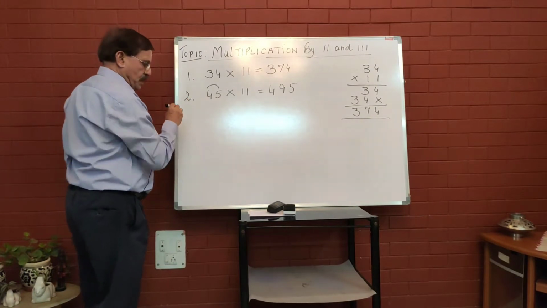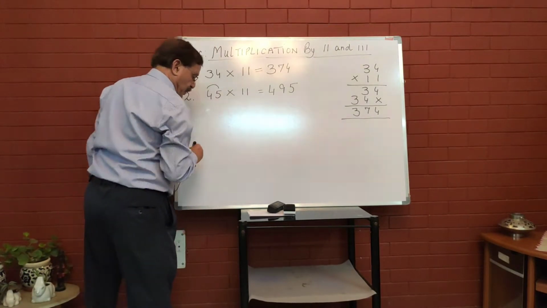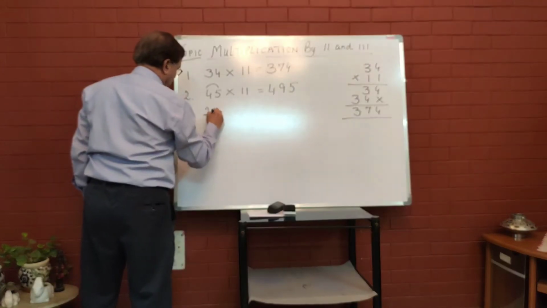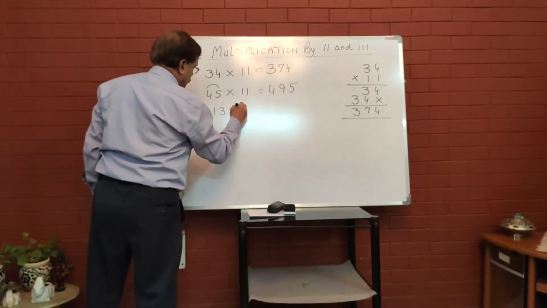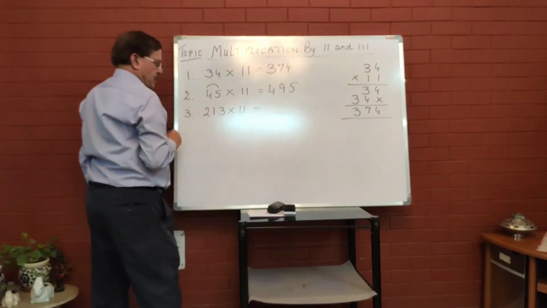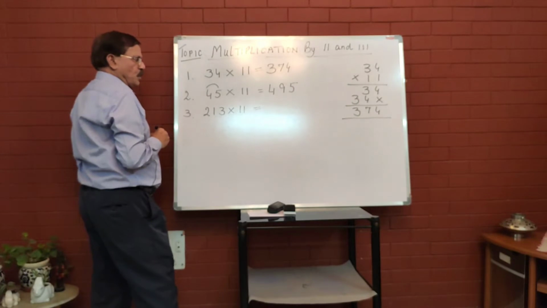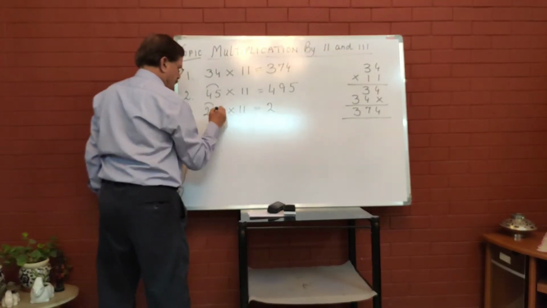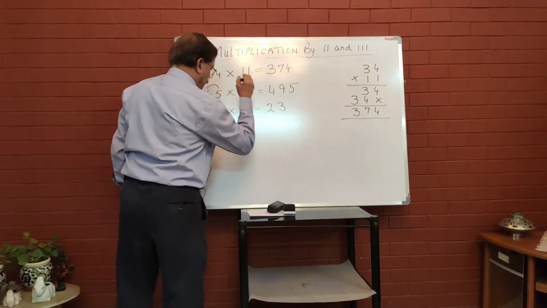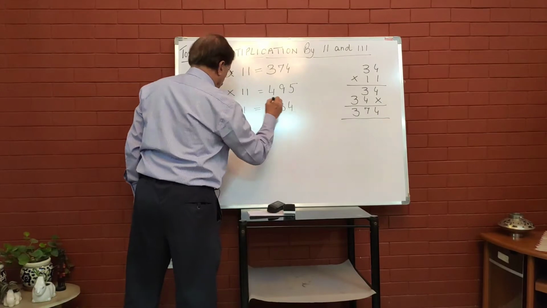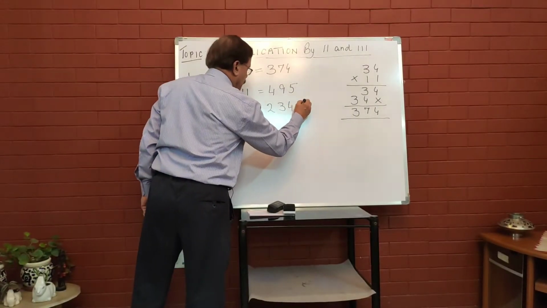The same thing over here with this one. Next is 213, a 3-digit number, multiplied by 11 is equal to, we write the first number as it is, which is 2, then 2 plus 1, 3, 1 plus 2, 3, and the last number which is 3.